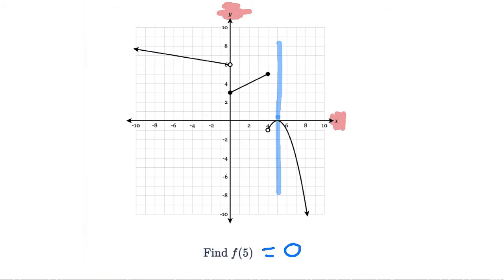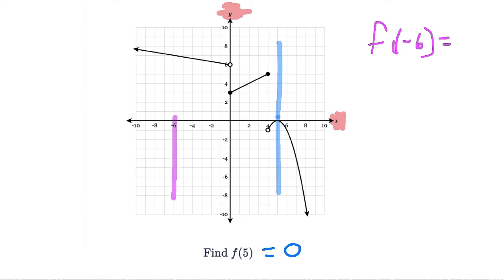What if I asked you to find f of -6? We're going to take that -6. Remember that -6 is the x value, the horizontal value.